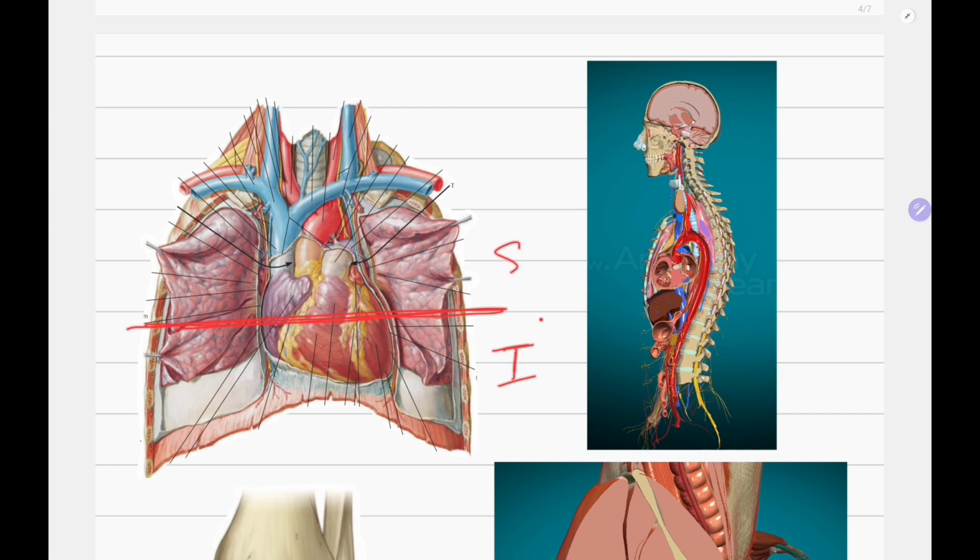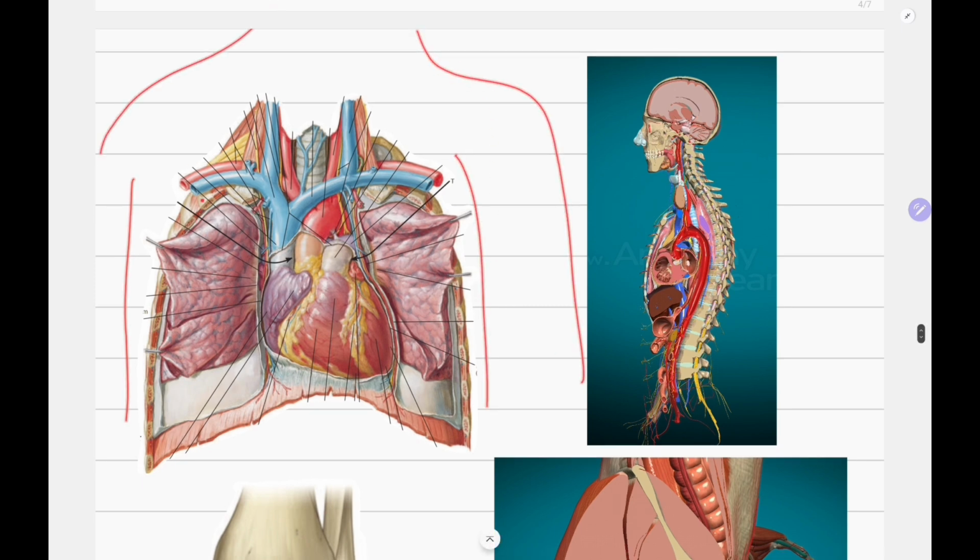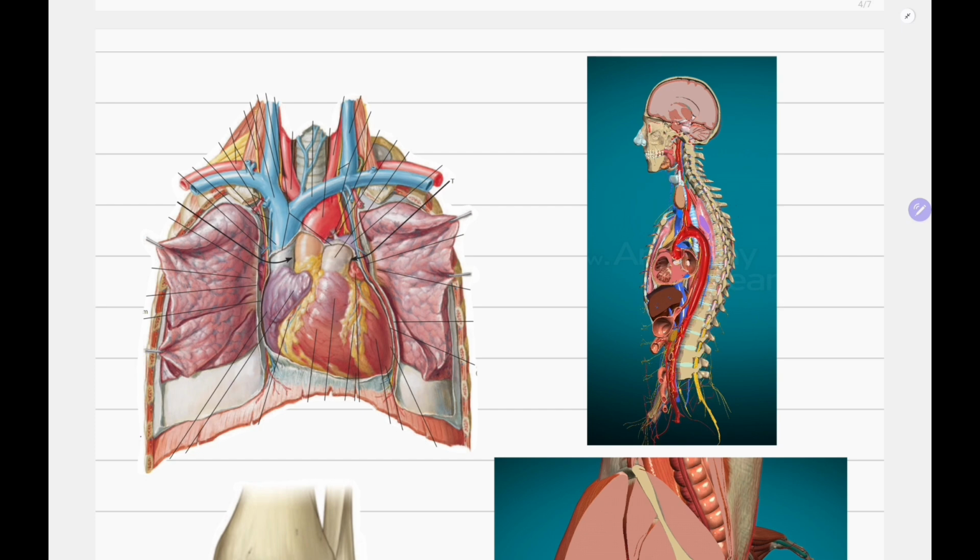The body is not divided such, so the last option we get is that the body is divided into anterior and posterior. Something is missing from the anterior, so I'll depict that for your better understanding. If this was a person, right here would be the nipples of the person, and the anterior portion is dissected out and we are able to see the posterior portion.